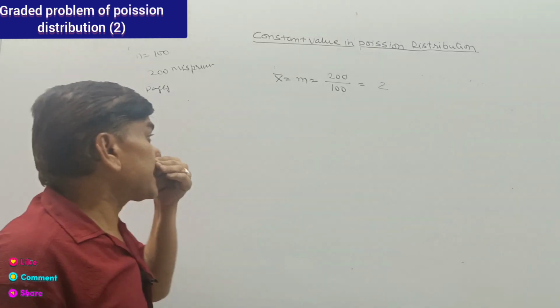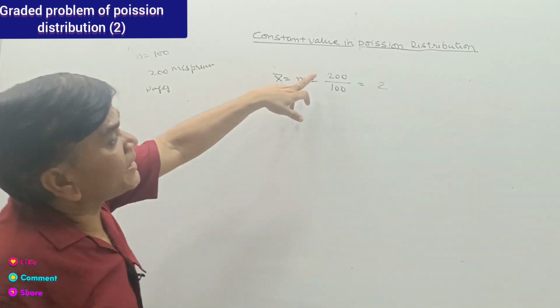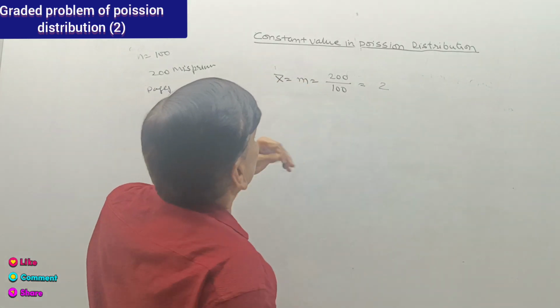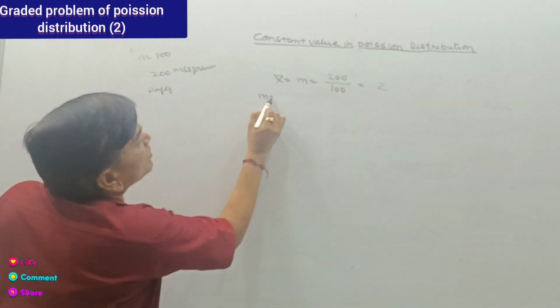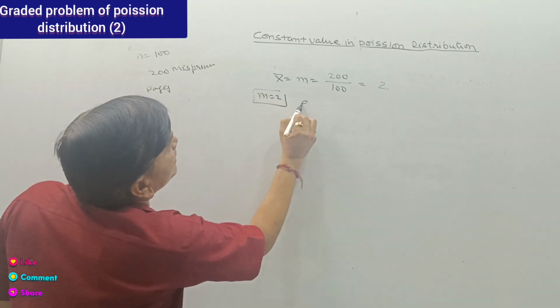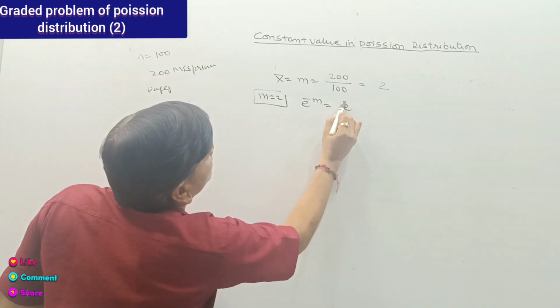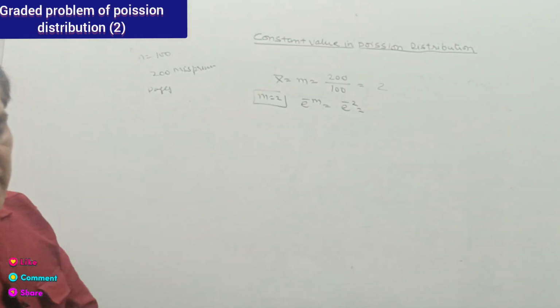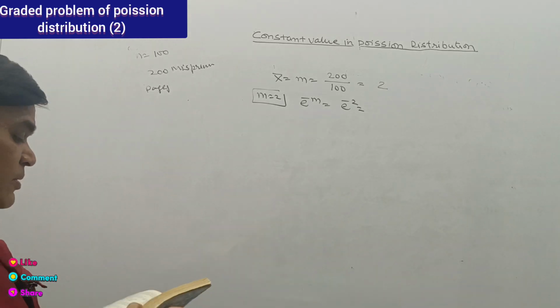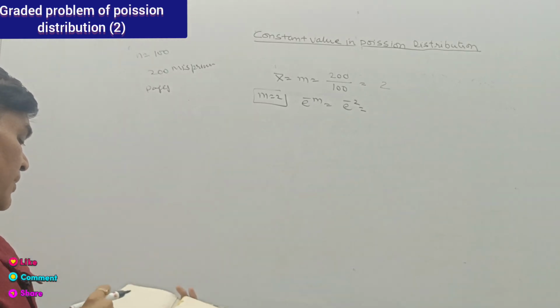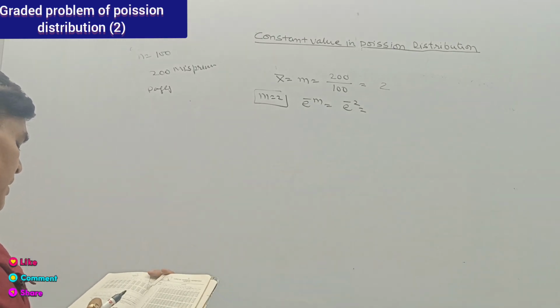So the average per page mistake is 200 divided by 100, that is 2. So m value is 2. So e raised to power minus m, that is e raised to power minus 2. We will see the table value for e raised to power minus 2. We have the value available, so we will not waste time on this.